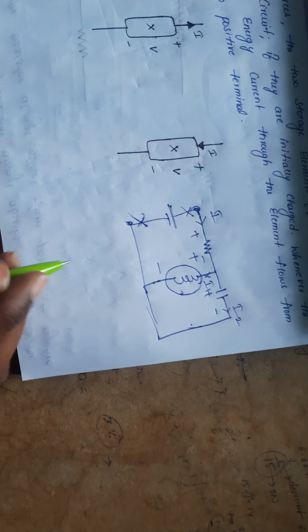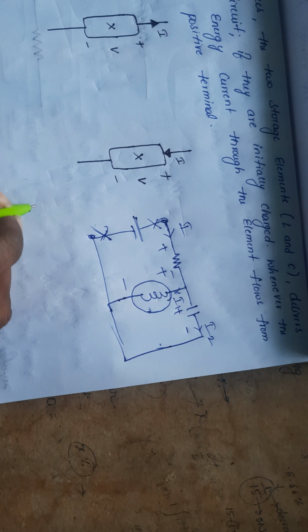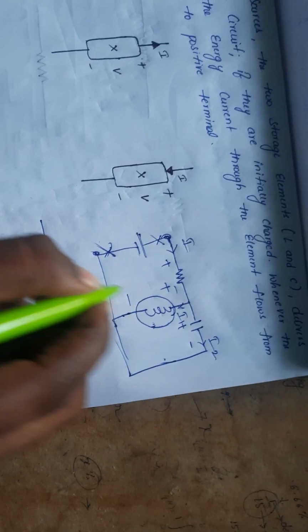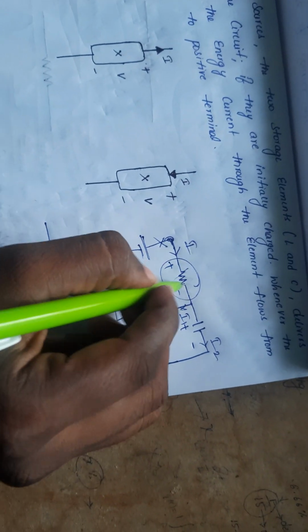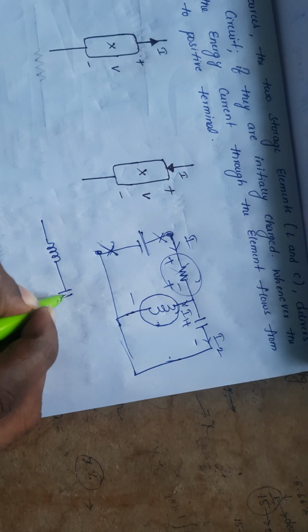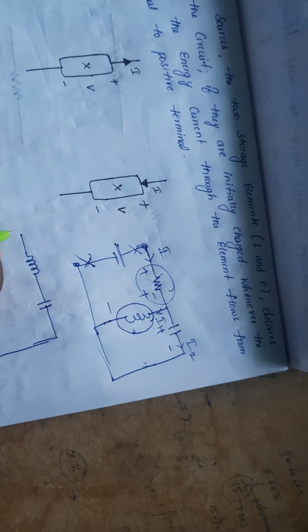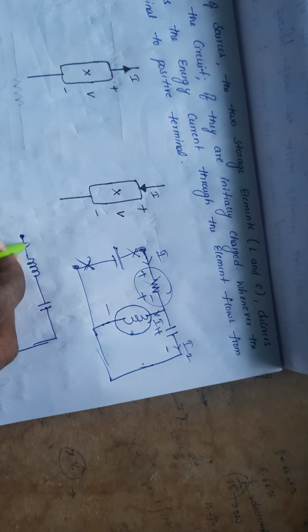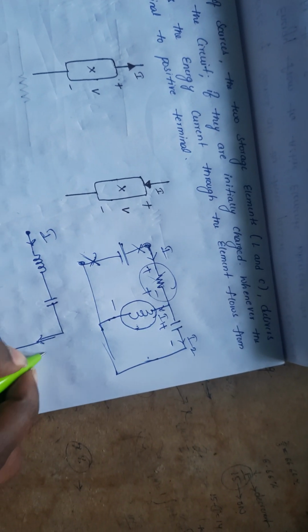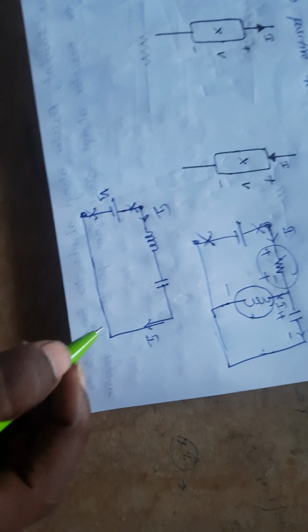Let us take a series network. This is somewhat difficult to understand. Remove this resistor, this is not used. This is the current direction. Initially we give the voltage source. After some time we disconnect this.